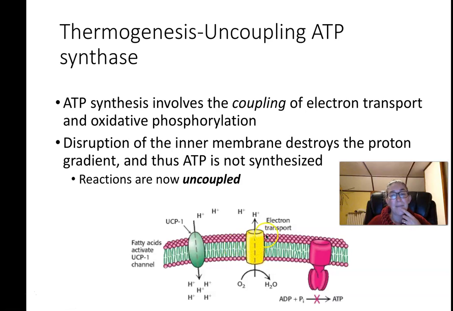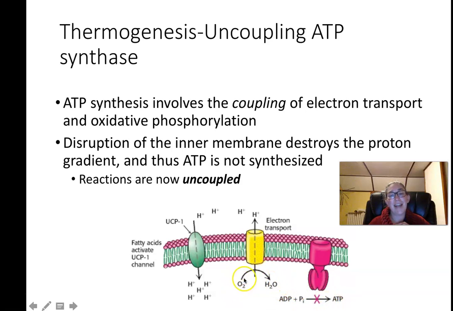An uncoupler is something like a protein channel that goes into the membrane and allows hydrogens to flow freely back through. So they don't end up flowing through the ATP synthase. And when they flow through freely, we don't get that phosphorylation reaction occurring.